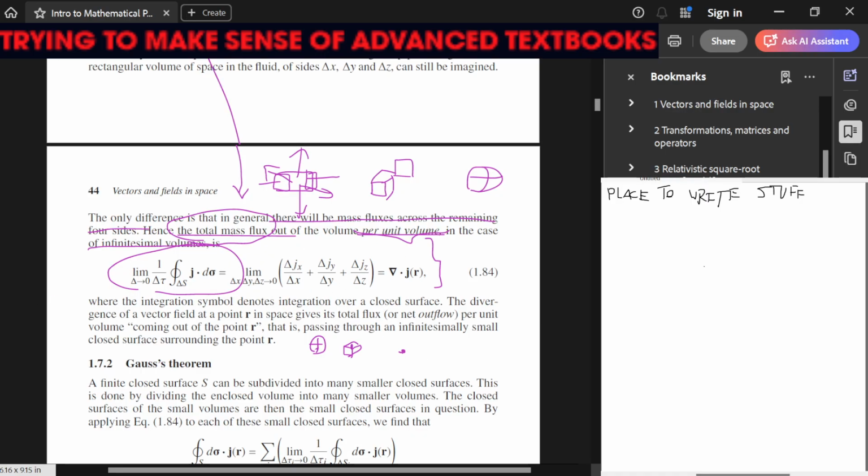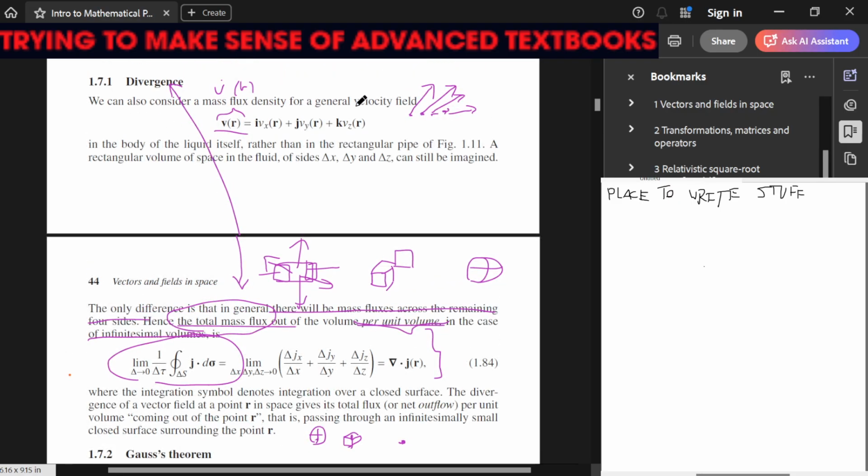Let's try to make sense of this equation. Okay, the total mass flux out of the volume, a rectangular space. Console imagine.